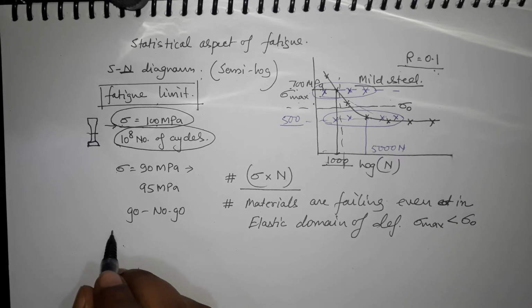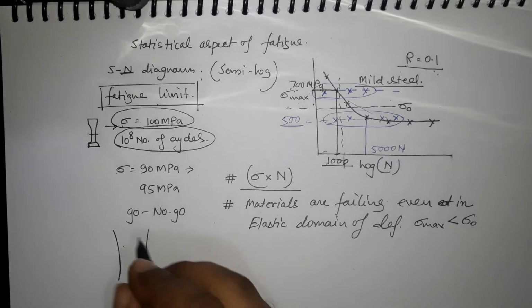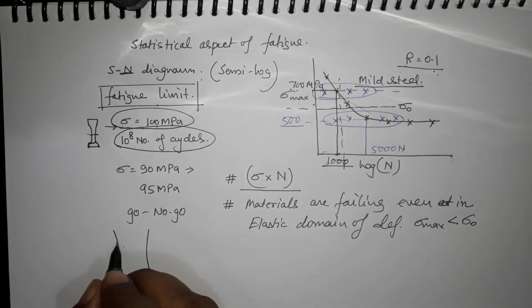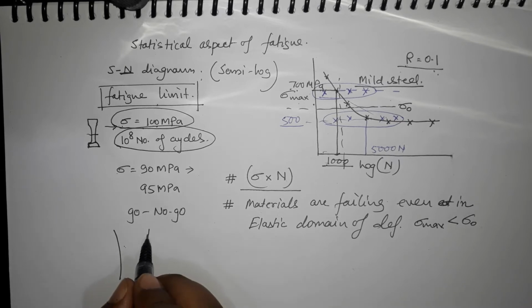Okay, so imagine that you have this specimen, and you are not making this specimen from a very sophisticated machine. There is no sophisticated machine which can make a specimen perfect on the surface, right? So the surface will always be rough, so you might have, let's say, a surface scratch. Okay, so you can have a scratch like that on the surface, and that scratch will cause a localized deformation.